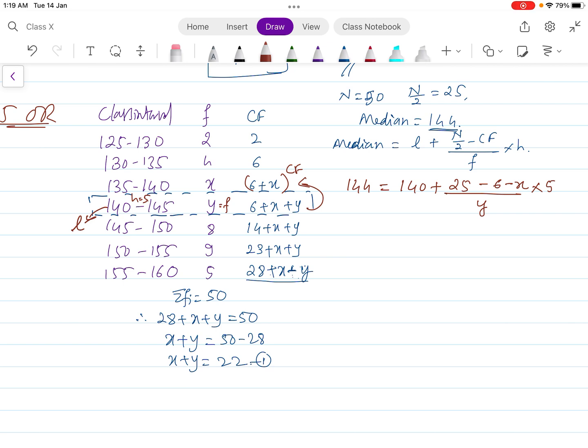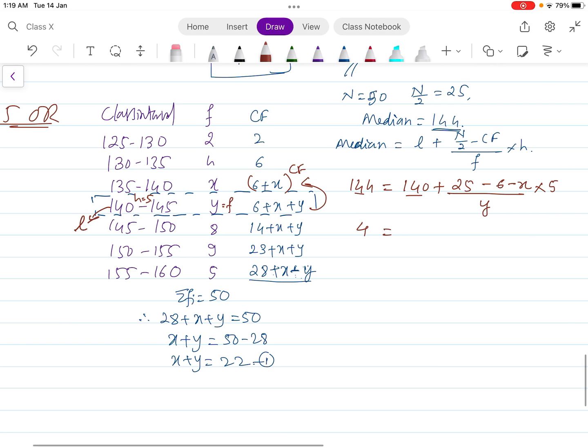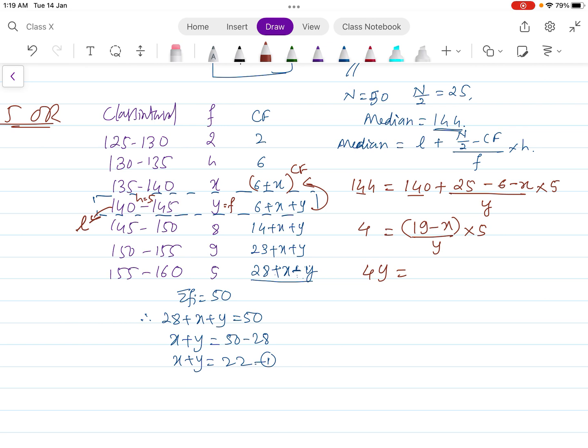Now 140 will come to the left hand side, so 144 minus 140, so 4 will remain. Then 25 minus 6 is 19, so 19 minus x by y into 5. So y will go to the other side, so it will become 4y equals, now 19 into 5 is 95, 95 minus 5x.